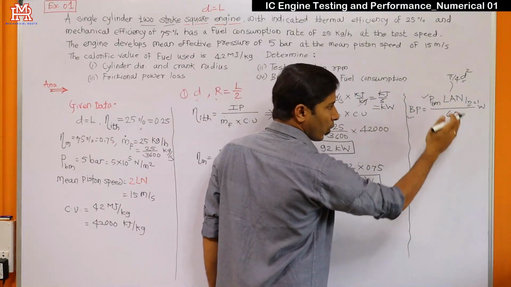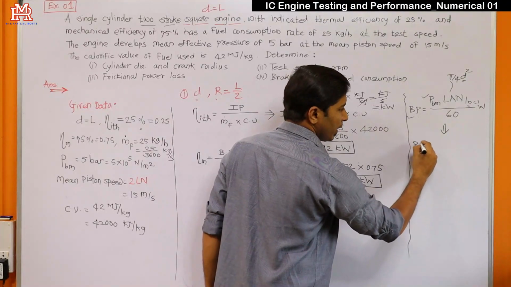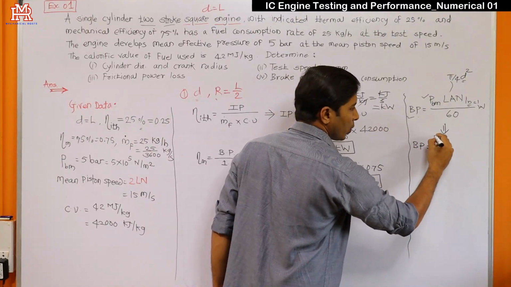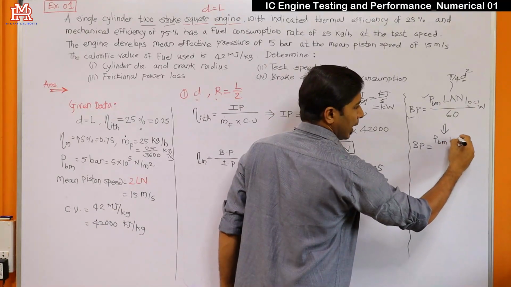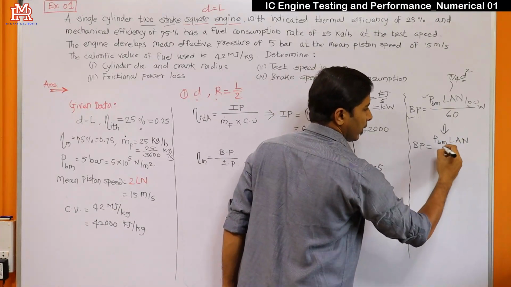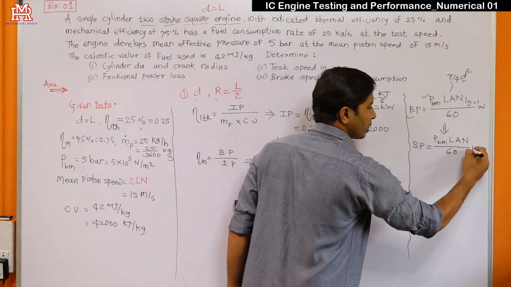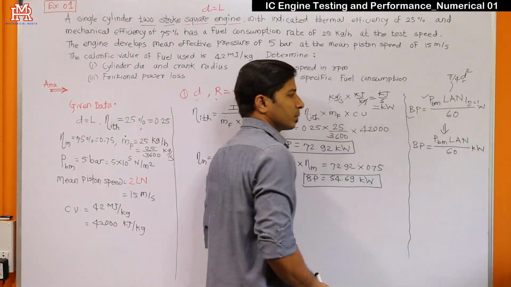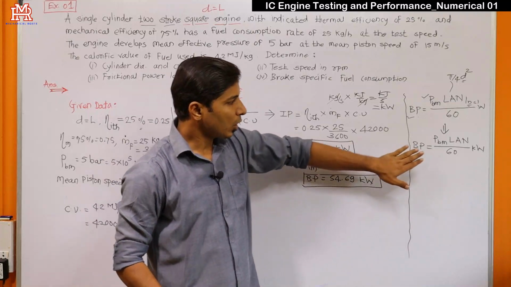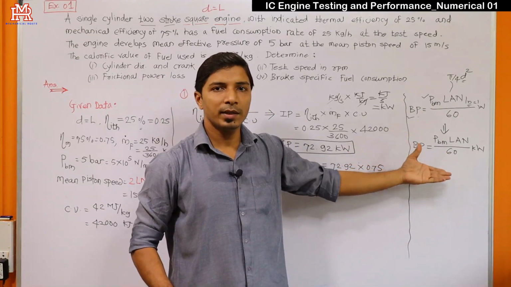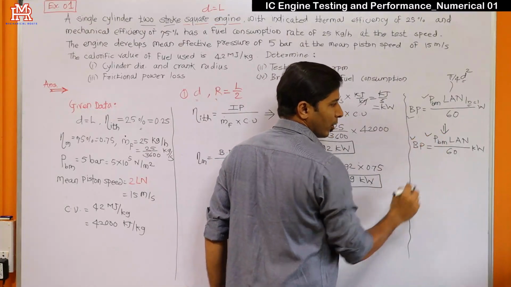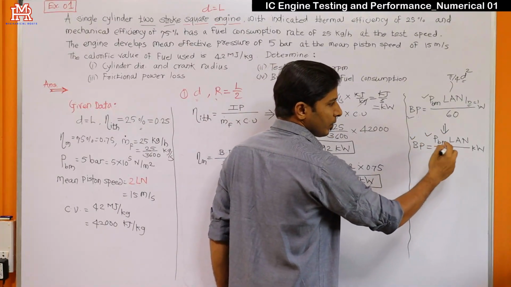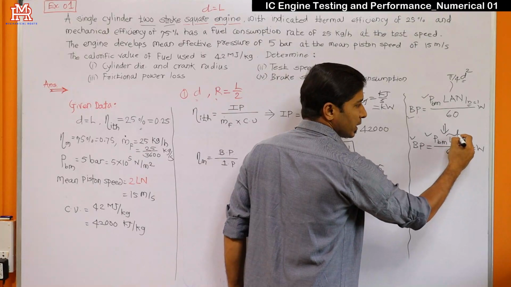So this will become 1. So this formula we can rewrite as brake power is equal to PBM LAN divided by 60 kilowatt. Right? So now you can observe how many unknowns are there in this formula. I don't know these two values, and I don't know these three values.